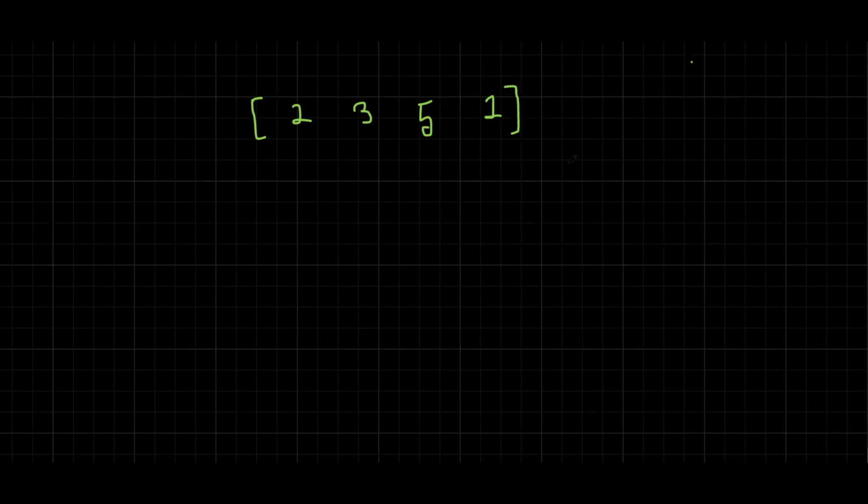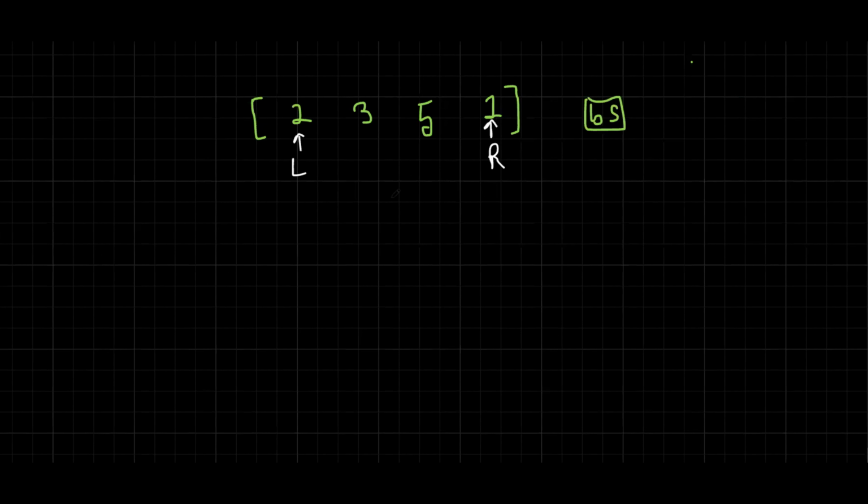Now, this kind of problem can be easily solved using the binary search algorithm. At first, try to understand the intuition behind the binary search algorithm. Here, the binary search algorithm uses two pointers. One is left, another is right. Left is pointing to the leftmost element, right is pointing to the rightmost element.